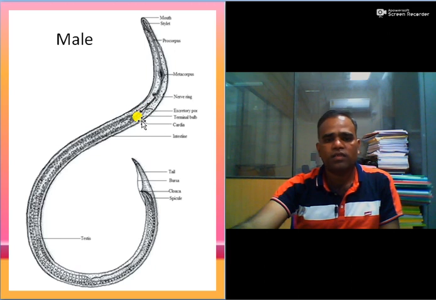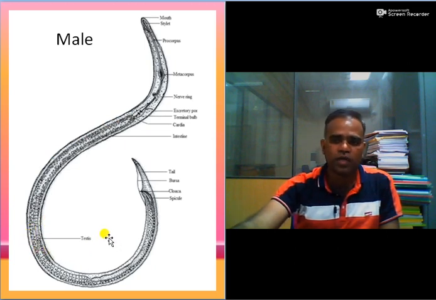Then there is a bulb, it is called terminal bulb or basal bulb. Then it opens into the intestine by means of an organ called cardia. So after that, in case of reproductive system, we observe here there are testes. So what is the function of testis?